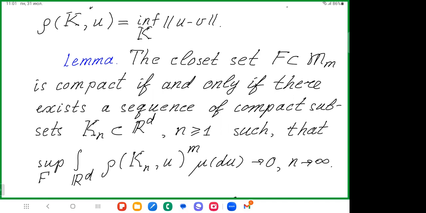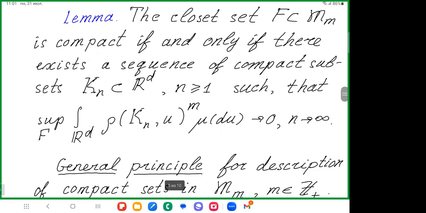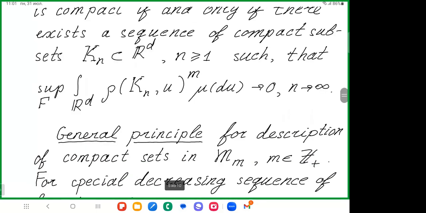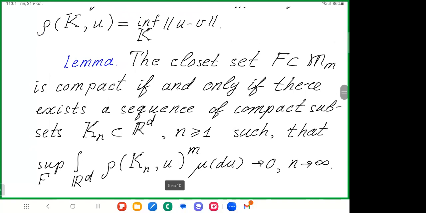But then we need to understand what happens with the solutions, the solution as a measure-valued process. Let us go to the question: what about the criteria of compactness of the measure-valued processes?